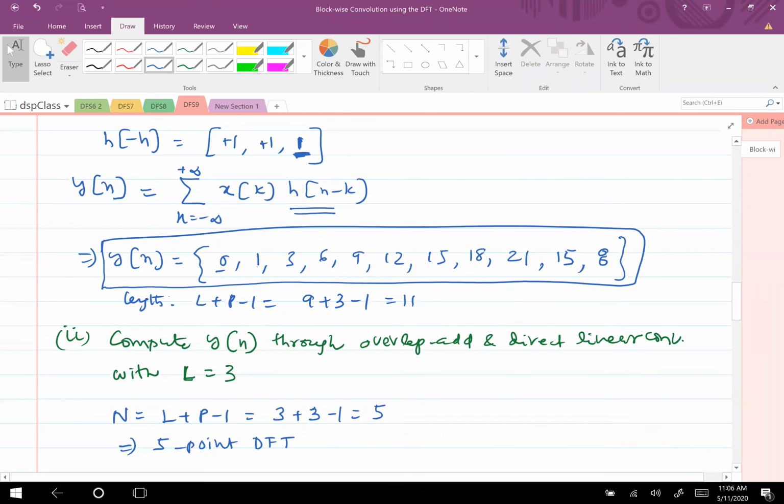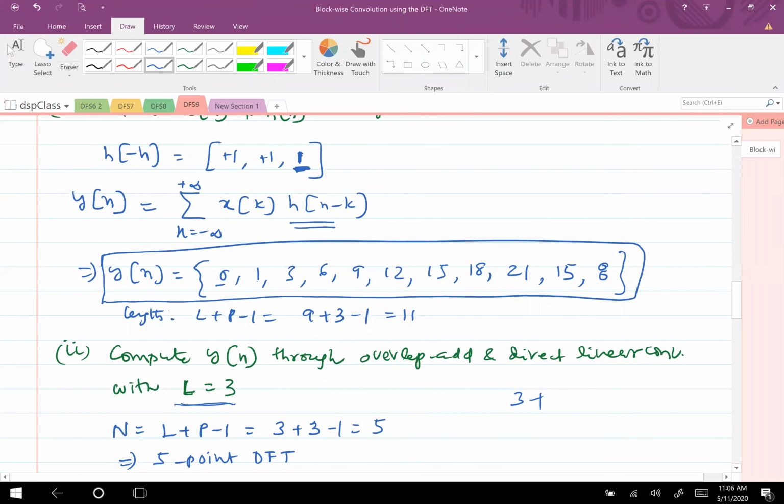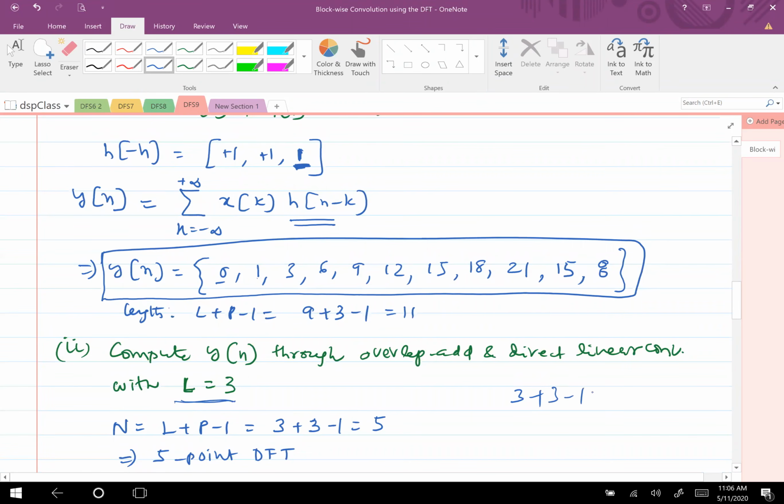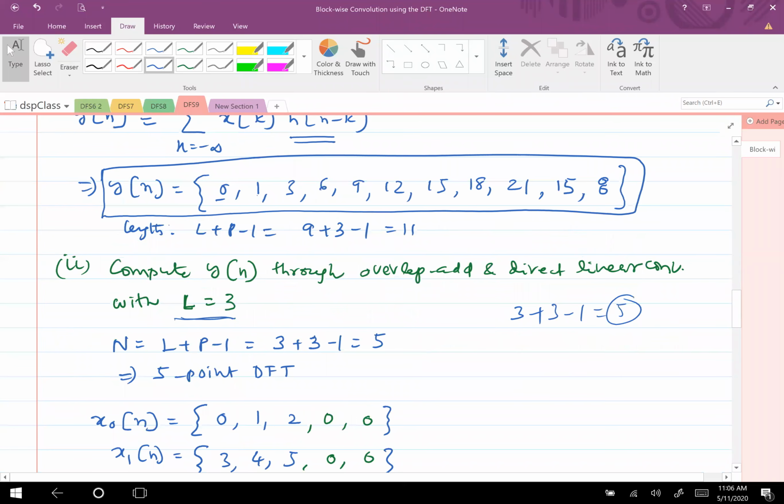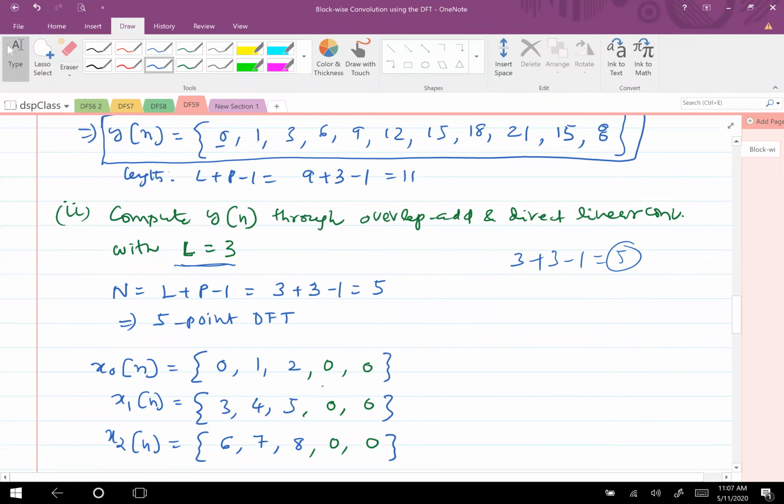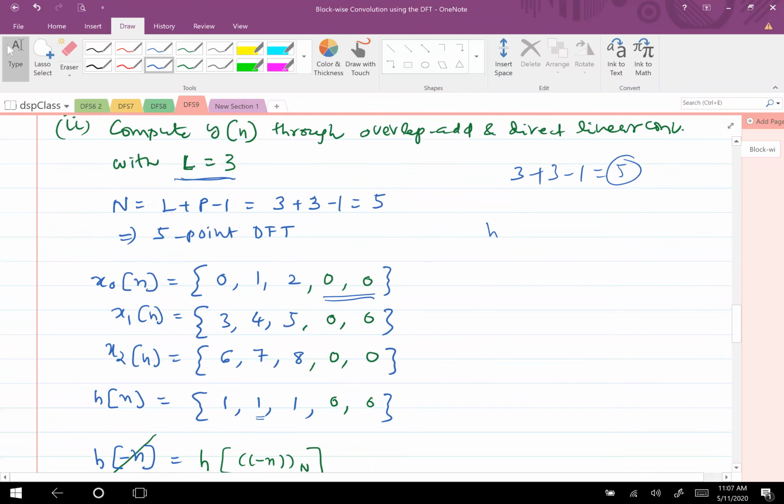I think we wanted to divide it into blocks of 3, and h of n being length 3, so 3 plus 3 minus 1 is 5. So you have to do a 5-point DFT by appending the additional 2 zeros to x0 of n, and for h of n also additional 2, and then you do the DFT.